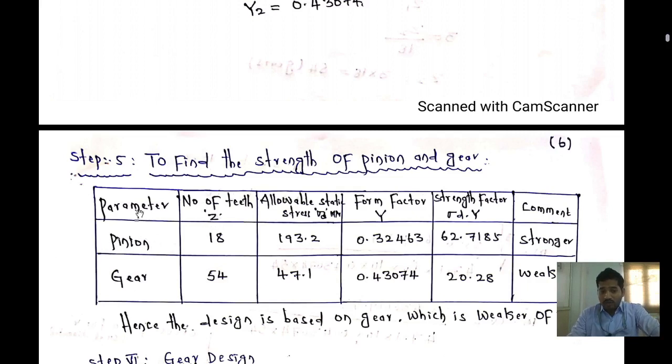The number of teeth of the pinion we took from the table as 18, to avoid the full involute tooth interference. For that reason we consider 18 here.